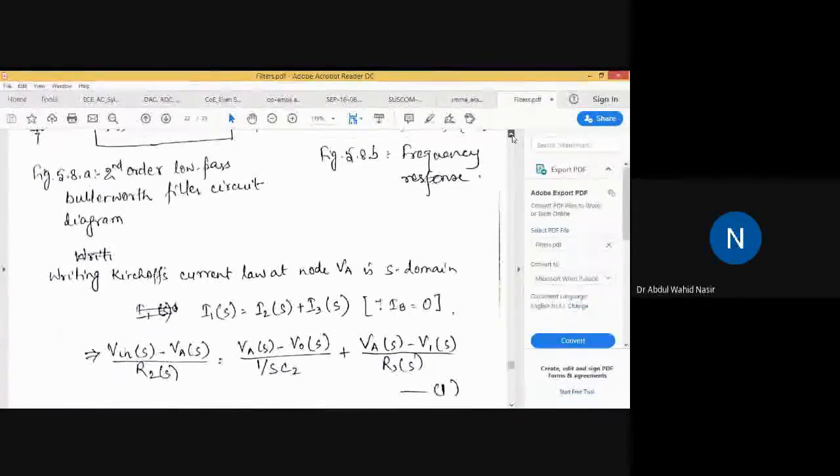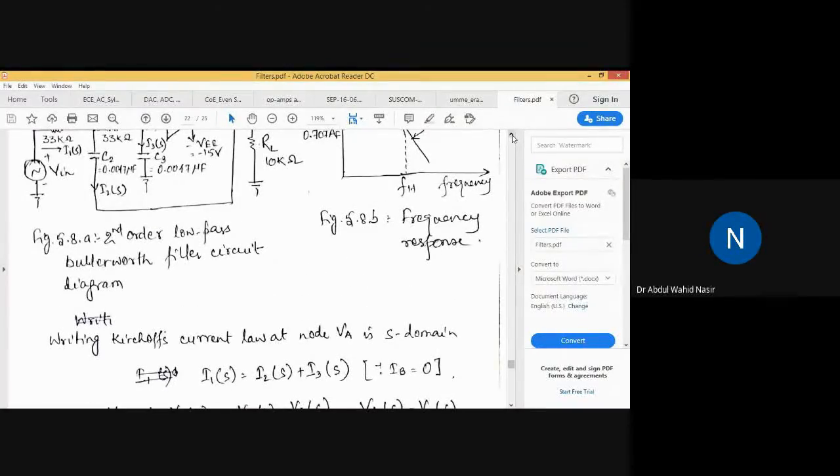Now we will do for the second order low pass filter the same thing we did for the first order low pass filter. We will find the expression for V naught by V input, and again, it will be similar to the second order transfer function.